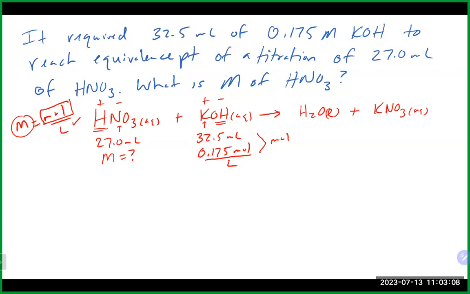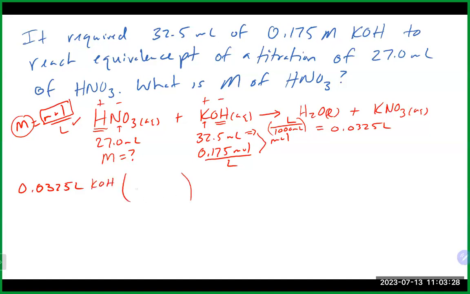Once again, we do need to convert this into liters. So we'll divide by 1,000, and that will get you 0.0325 liters of KOH.